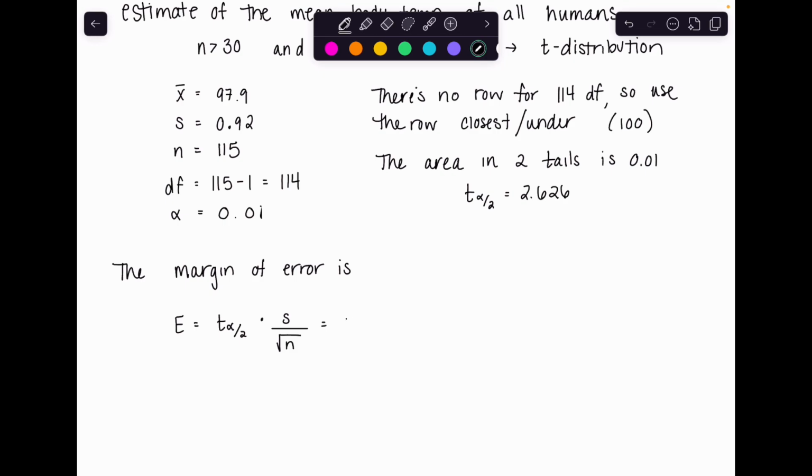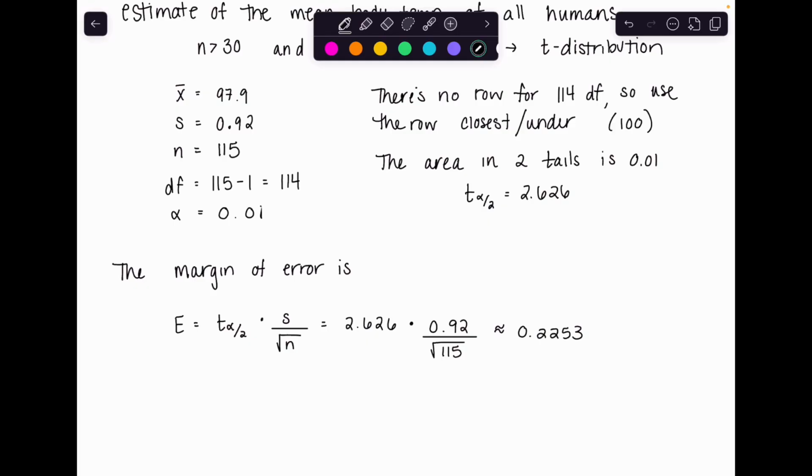So t of alpha over 2 is 2.626. My sample standard deviation is 0.92. And then my value of n is 115. So again, gonna trust you can plug this into your calculator. This is about 0.2253.